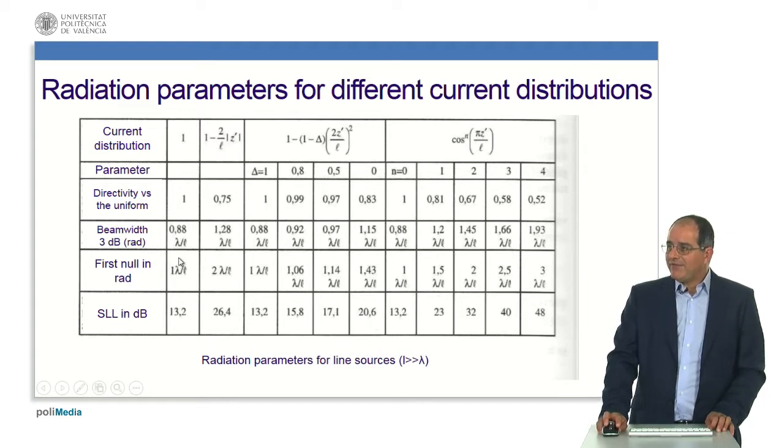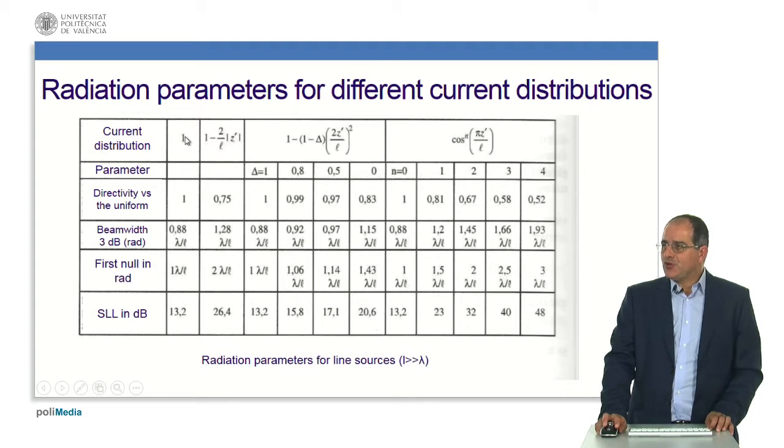And it will have the smallest beam width and the highest side lobe level. If instead of having a uniform current distribution, I would have a triangular current distribution, the directivity will be diminished down to 0.75 times that of the uniform one, the beam width will be enlarged, and the side lobe level will be twice the previous one.